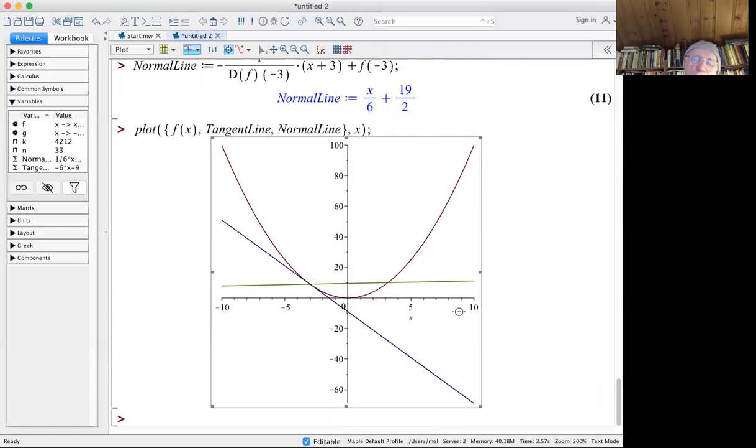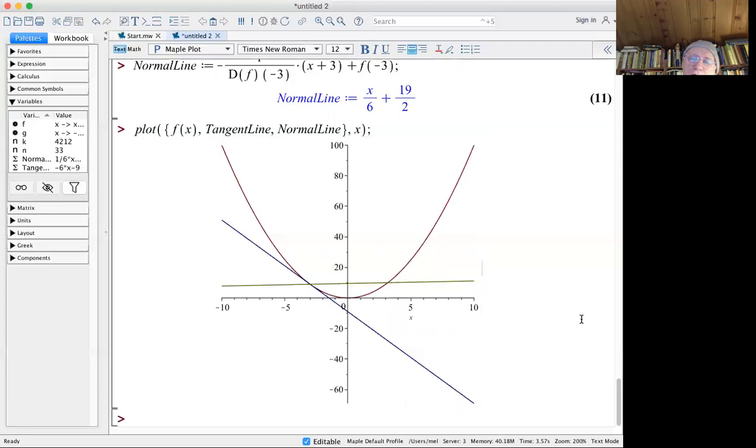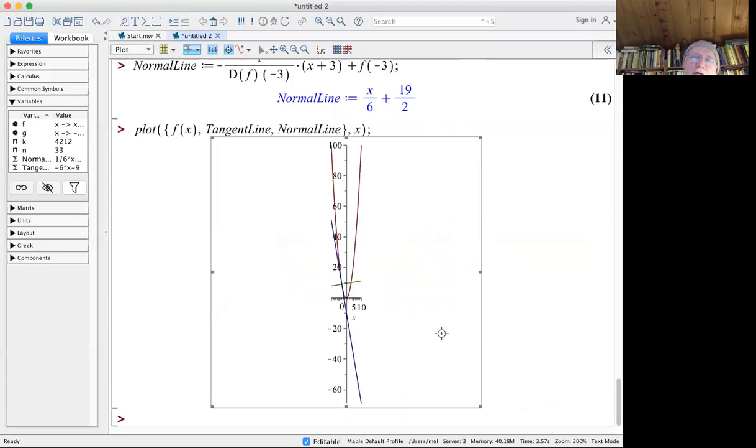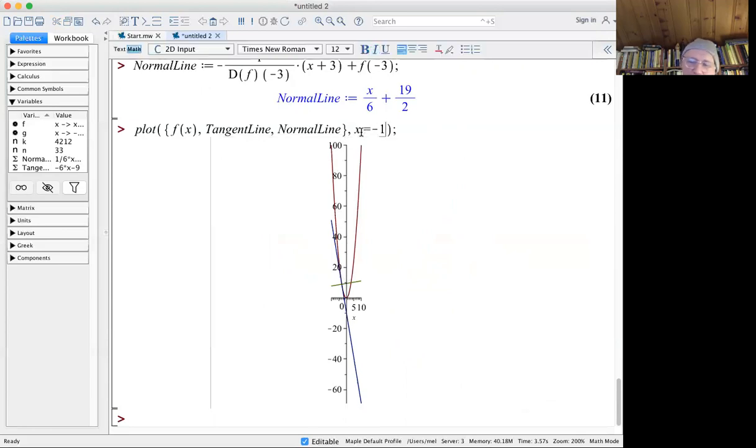So if I can manage to pick up this menu and click on scaling constraint, now it is drawn to scale. The parabola goes up pretty fast. Let me just say x goes from minus 10 to 10, but y goes from minus 20 to 20.